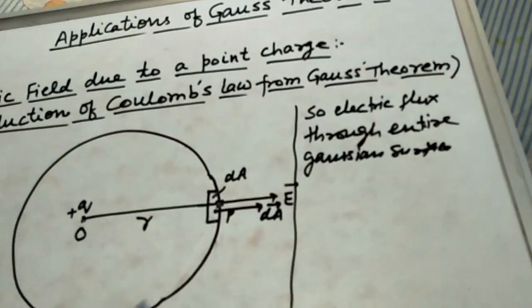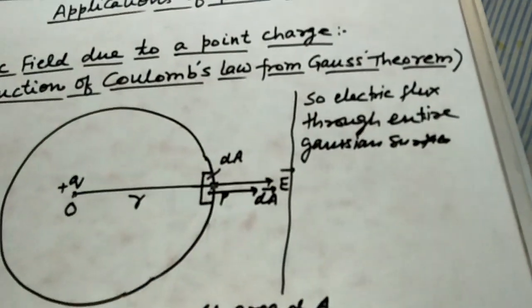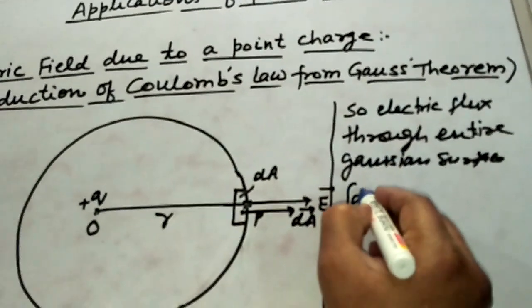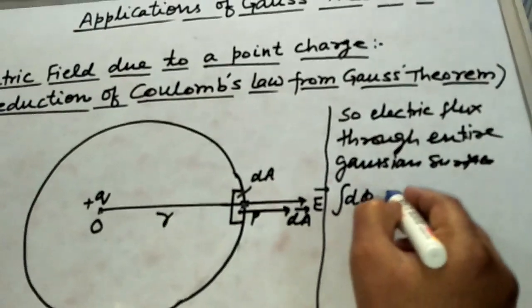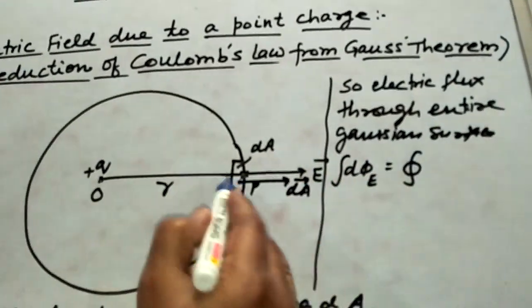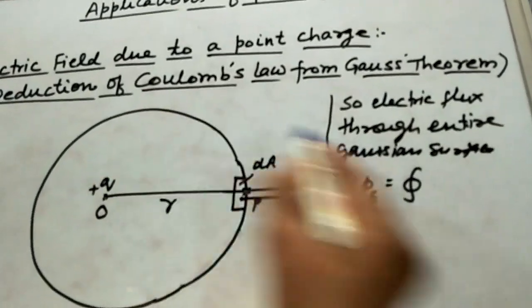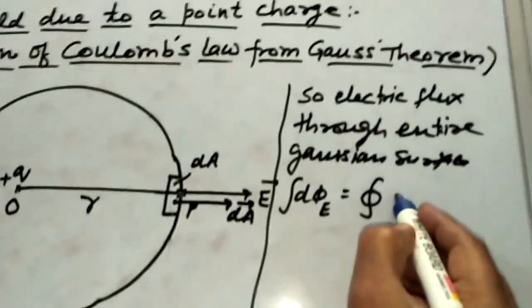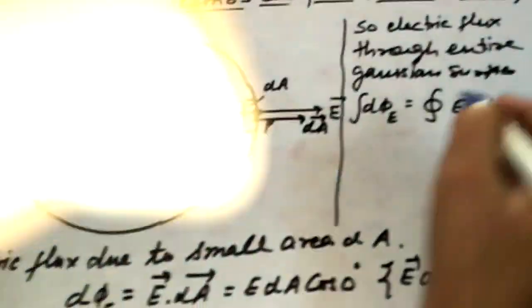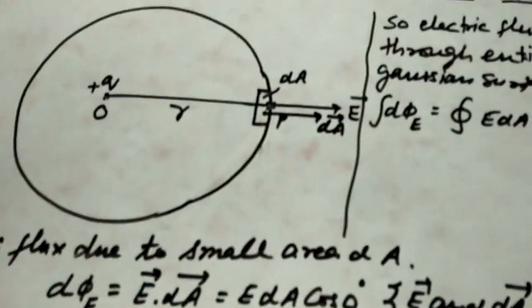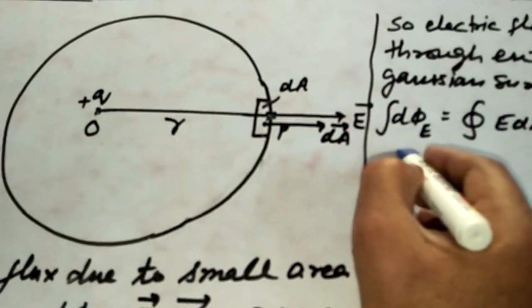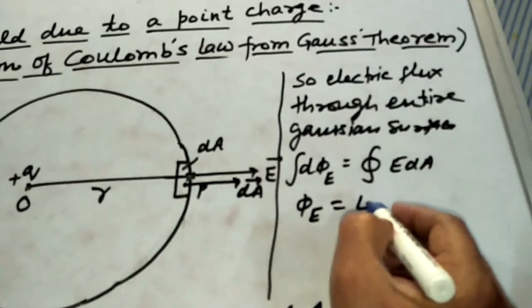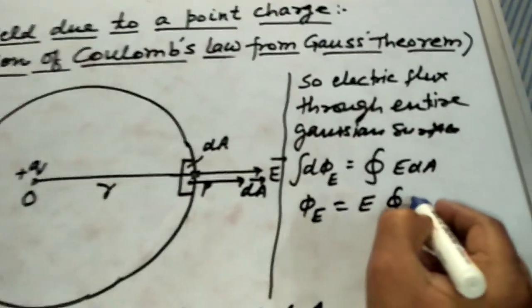How can we find the electric flux? For this purpose, you will integrate this term. So simply you can say d phi E is integrated over this closed spherical surface, that is, the integral of E into dA. And integration of d phi is phi E, which is equal to, taking E outside, E times the integral of dA.